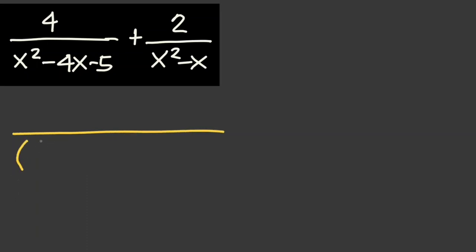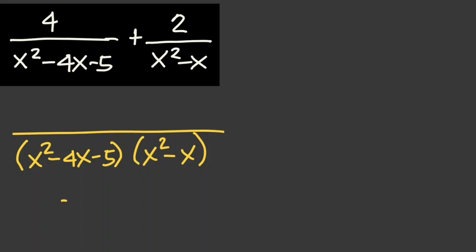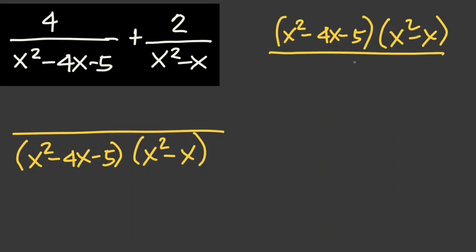So our LCD is x squared minus 4x minus 5 times x squared minus x. Then we divide this like what we did in the two previous problems. So we have x squared minus 4x minus 5 times x squared minus x divided by the denominator of the first expression, that is x squared minus 4x minus 5.